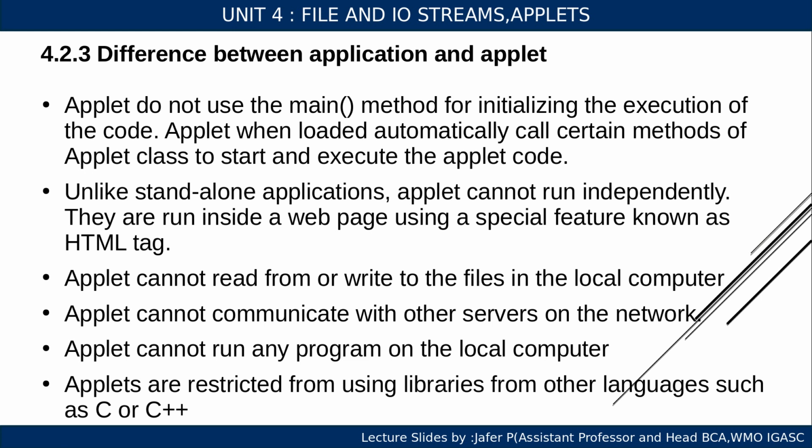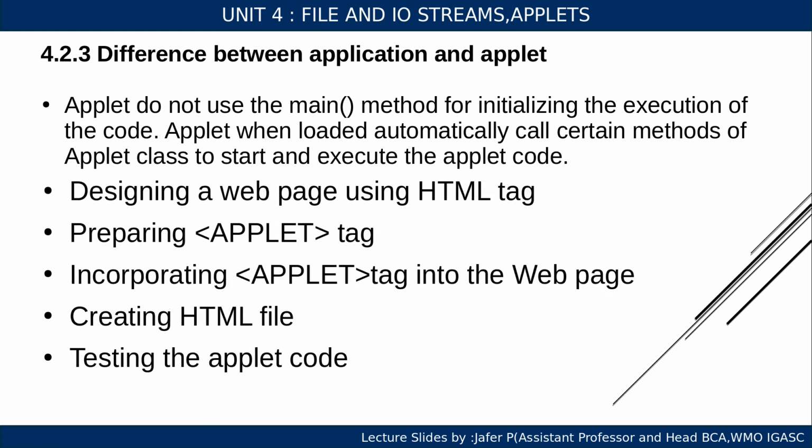That means the program which runs in the local computer cannot be initiated by an applet which runs in remote computers. And the last point is, applets are restricted from using libraries from other languages such as C or C++. They cannot use other languages' libraries. So these are the major differences between application and applet.